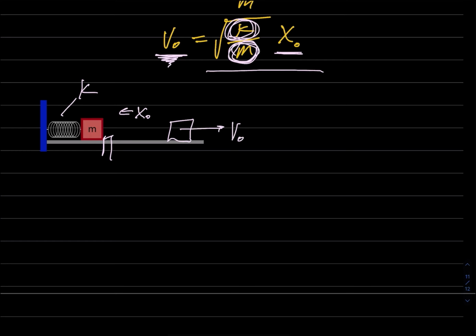Fine. Now what we're going to do is we're going to triple the spring constant. We're going to triple the strength of the spring. And now, what is the new speed of the mass with the stronger spring in terms of its old velocity? Is its velocity going to double, triple, times 9?